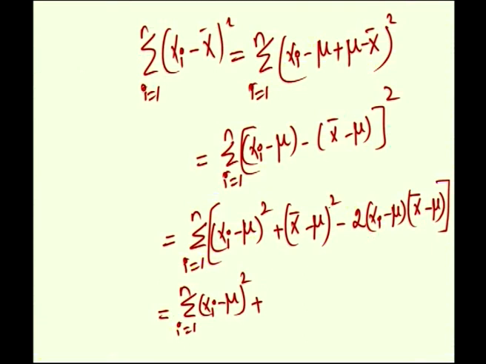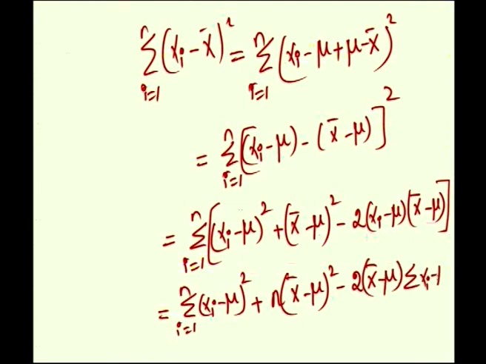x bar minus mu whole square is actually a constant with respect to the summation. Therefore, since it is added n times, you will have n into x bar minus mu whole square minus 2 x bar minus mu into summation xi minus mu, okay, where summation is i is equal to 1 to n.